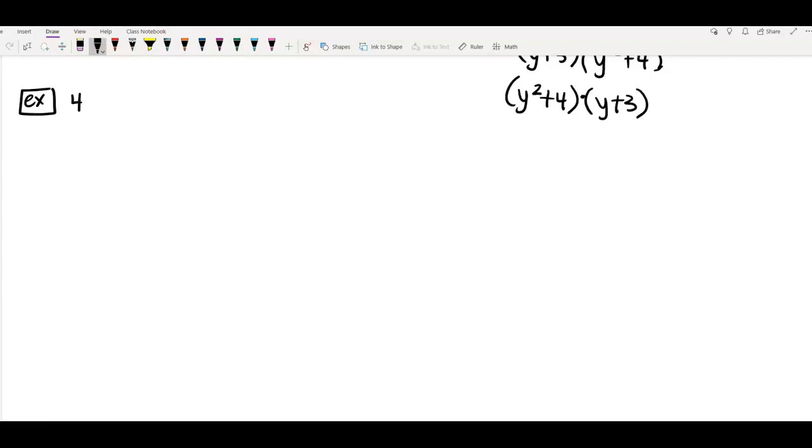So on this one, I just want to point out that sometimes things are not written in descending order, and it makes it a lot harder. In fact, it sometimes makes it impossible to do the factoring by grouping. So when you see something that has 4 terms that's not in descending order, I want you to put it in descending order first.